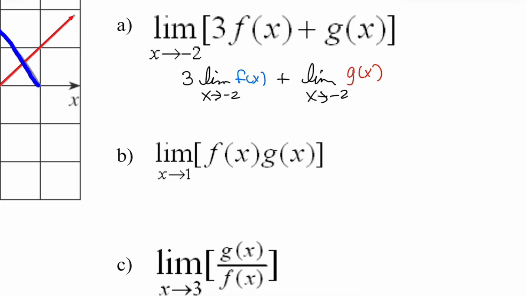Don't worry about the 3. We can apply it mathematically. You can take a constant and ignore it until the end. Now we're not going to get the answer yet on the graph. Let's pull apart the algebra. So this is just the limit as x approaches 1 of our f function times the limit value as x approaches 1 of our g function.